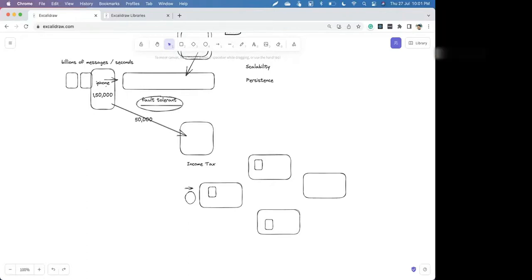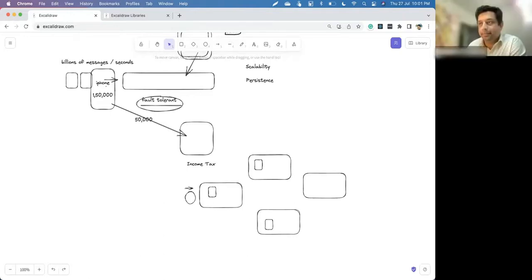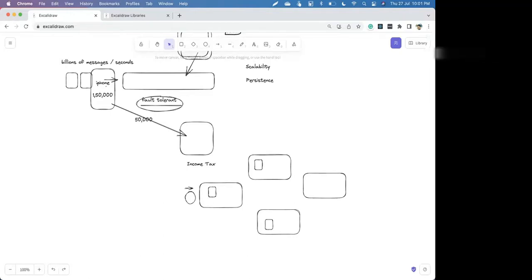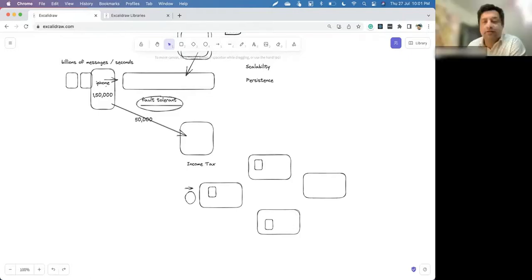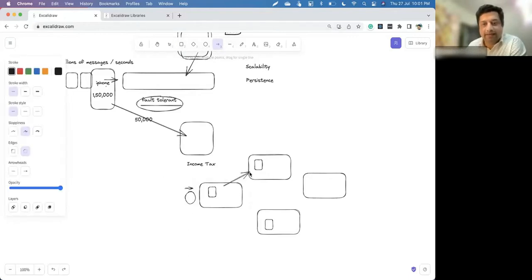The sync will happen automatically. Yes, that will be taken care of by the platform.